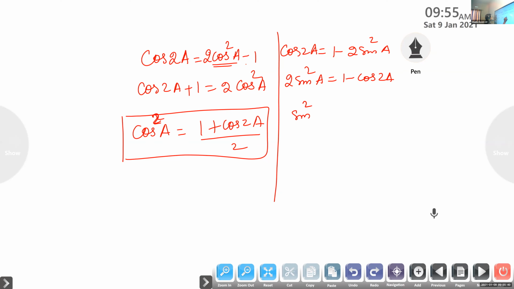Therefore, sine square a is 1 minus cos 2a by 2. So when we want to remove squares or powers, we can use this identity. Write this down in your formula paper: cos square a is 1 plus cos 2a by 2, and sine square a is 1 minus cos 2a by 2. We can use that identity.